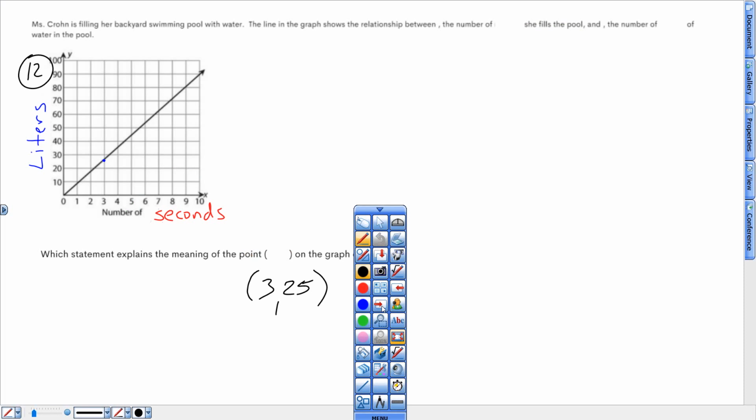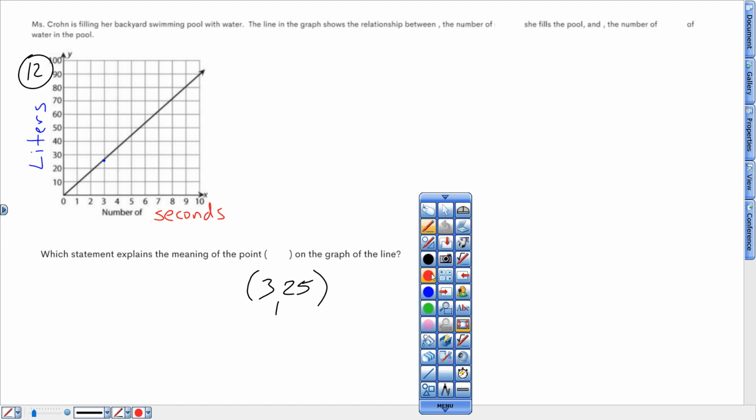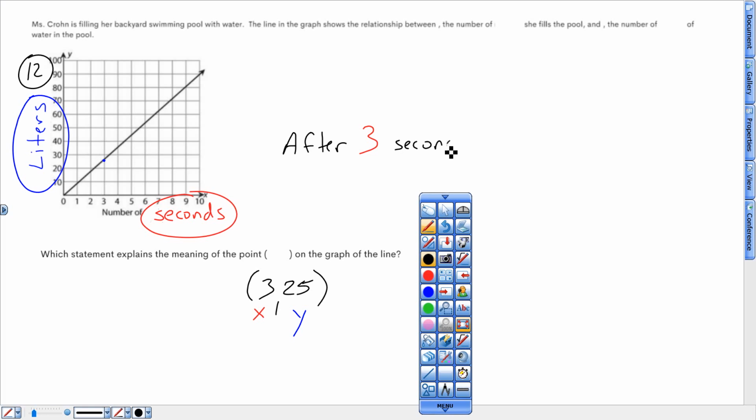Barn. All right, this one, explaining these problems in terms of what is on the x-axis, seconds, and what is on the y-axis, what's y, in that exact order. So that 3 for this problem represents 3 seconds, or maybe you could even write after 3 seconds. Make sure you write that first, just like you would an x coordinate.